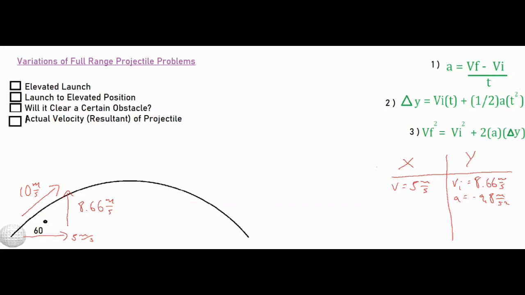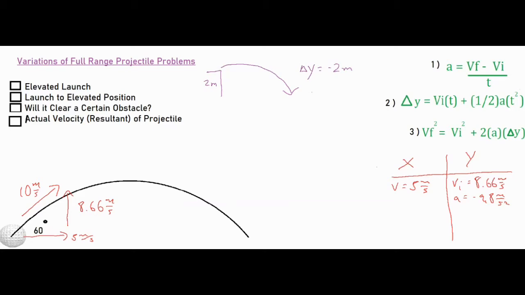What you would do is, if you had an elevated launch, the variable that you would use is a delta y value of negative 2. The reason why you use a delta y value of negative 2 is because the object is being displaced 2 meters below its original position when it eventually lands.